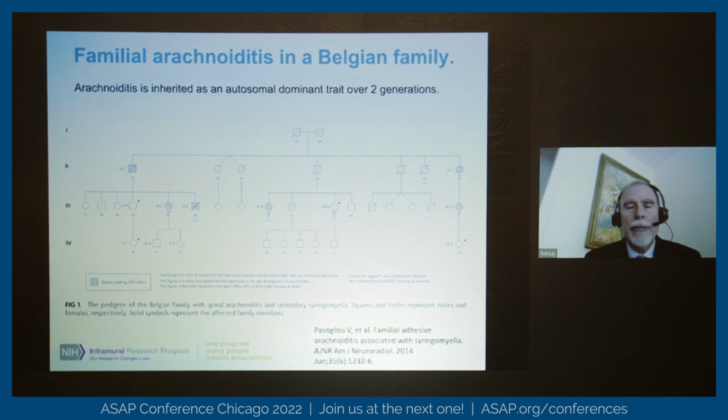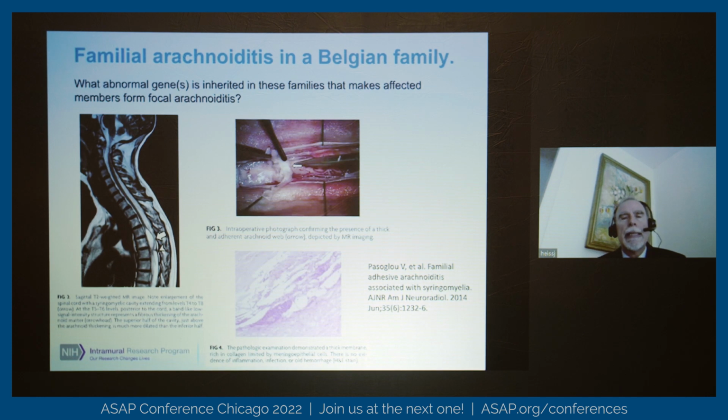So there is a genetic component to it. And in the Belgian case, you can see this person was predisposed to forming this band here, and you can see the band going across the spinal cord on the MRI scan, and you can see this big syrinx, fat syrinx, I should say, superior to it.